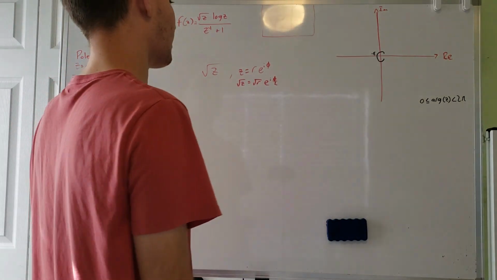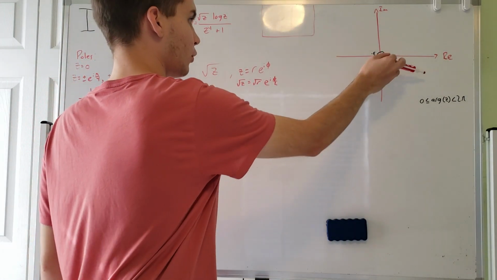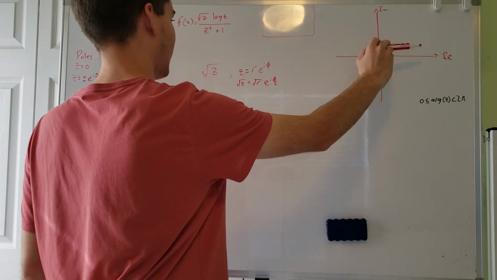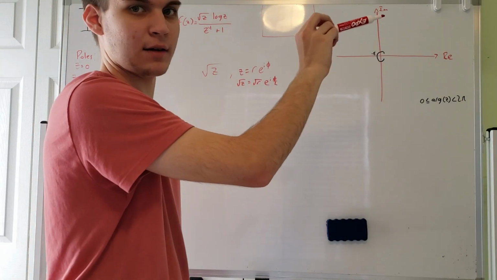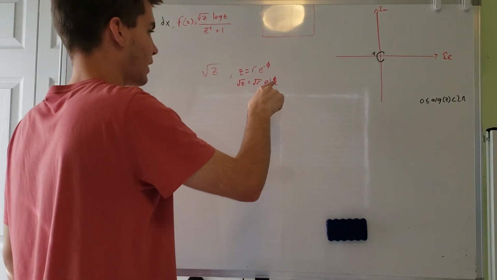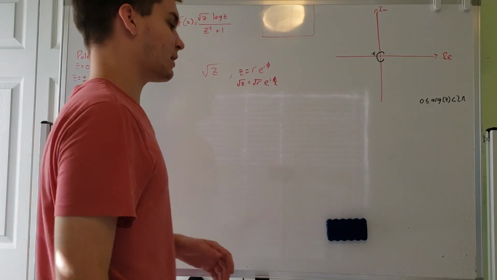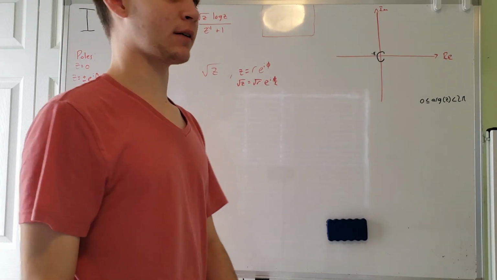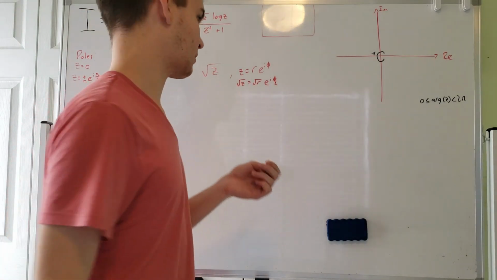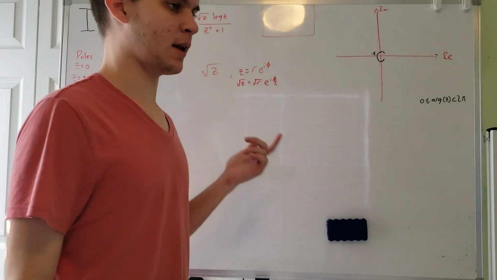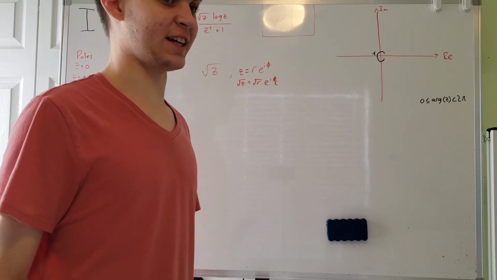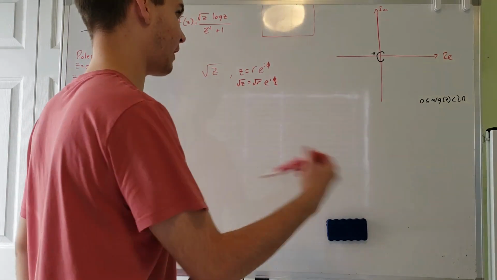But if we take a full loop and we come back to the exact same place, we're in the same place as we started, but we've done a 2 pi rotation. If you plug in 2 pi into here, you'll get e to the i pi, which is negative 1. So at 0, root z would be just square root r, but after a full rotation back in the same place, it's actually negative root r, which means it's multi-valued.